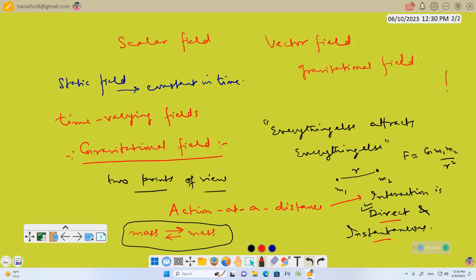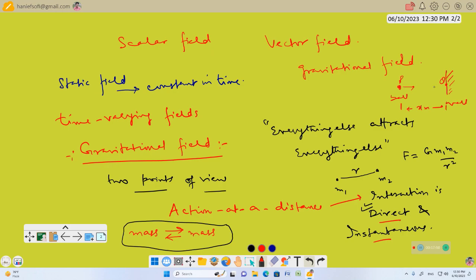Because if, for example, there is some wall and I have a ball, and there is some distance between ball and wall, say x meters. Now, if I throw this ball towards the wall and I say this ball hits this wall instantaneously, that means the instant when this ball leaves this point P and the instant this ball hits this point Q is the same instant.